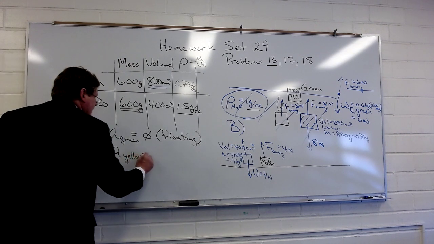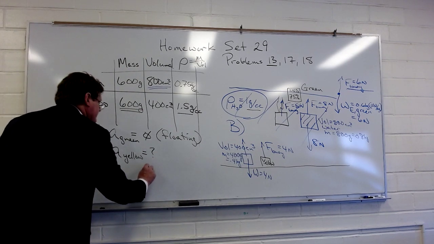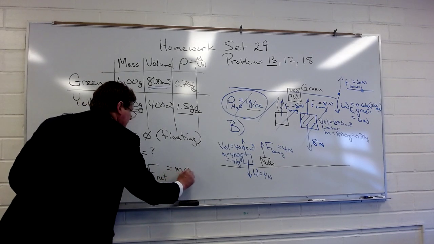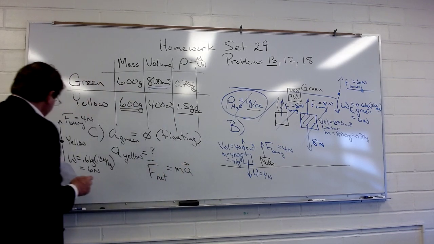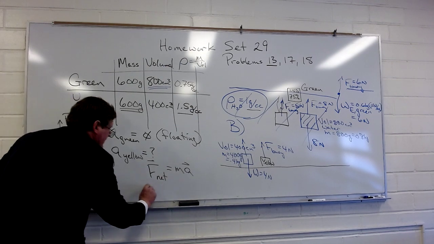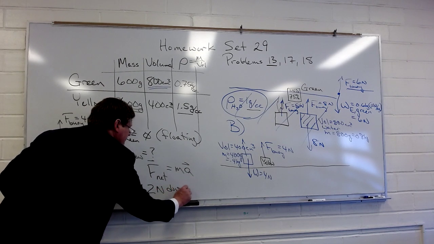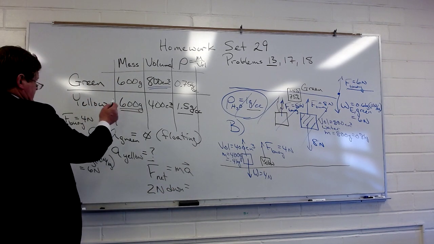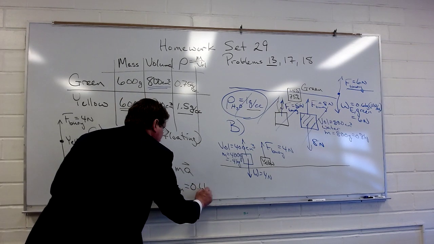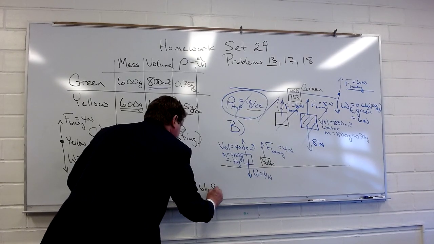Well, if I use Newton's second law, F net equals ma, my net force here, if I've got 6 newtons down and 4 newtons up, is going to be a net of 2 newtons down, and that's going to equal the mass, 0.6 kilograms, times the acceleration.